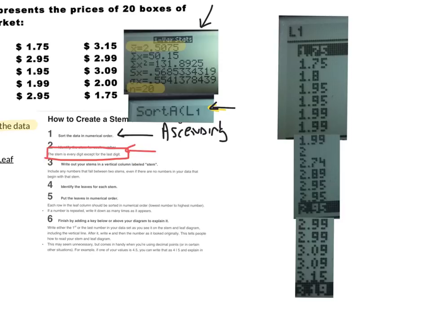So here we're going to need stems that go from 17, because it's every digit except the last digit, all the way up to 31. So here our stems are going to have to range from 17 to 31. Now, I know what you're thinking. Here there are decimal points. So shouldn't it be from 1.7 to 3.1?